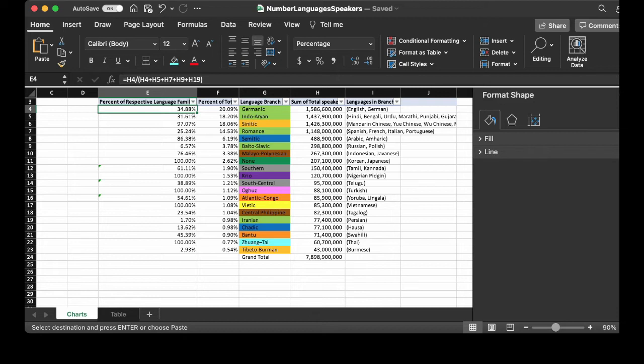The same thing with the biggest contrast of percentages. So the Sinitic language branch takes up 97% of the Sino-Tibetan language family, and then the Tibeto-Burman takes up 2.93%.